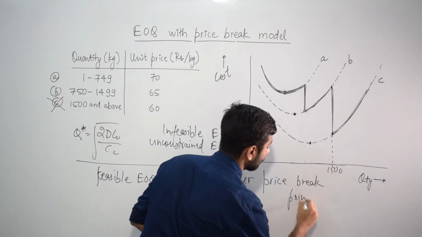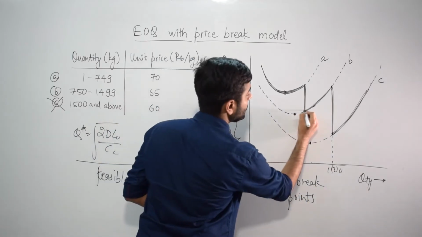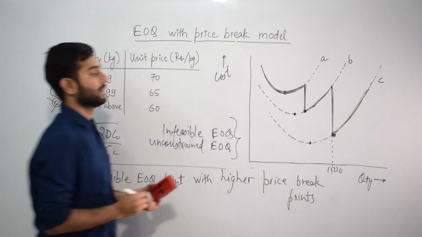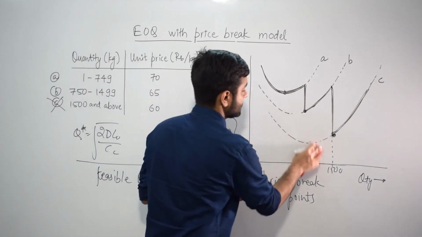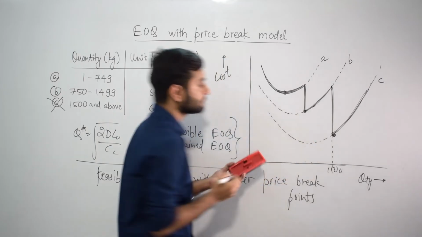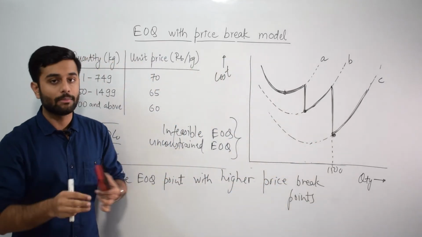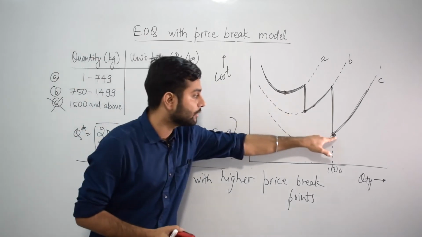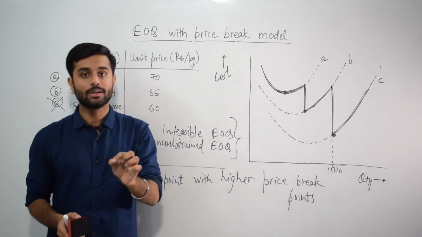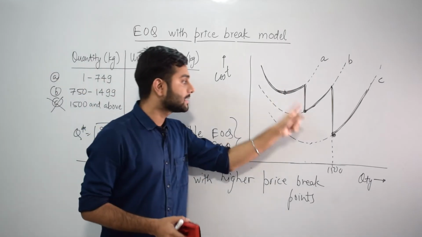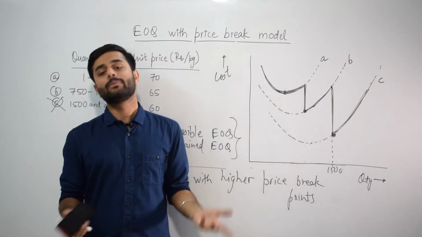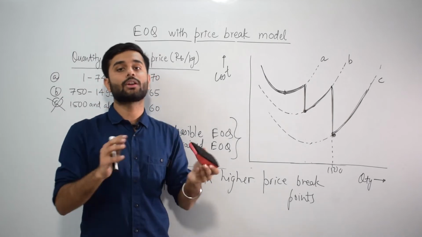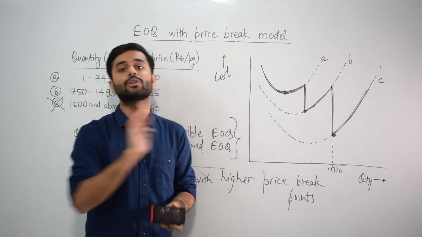What are the price break points here? This is the point where the price is breaking, and this is the point where the price is breaking. These are infeasible ones, so I am removing them. So how many points are you comparing? You are comparing the feasible EOQ, then this point, then this point. You will find out the total cost at these 3 points and the least of them will be selected. The least of them is obviously giving you the quantity for which total cost is least. This is how the question is solved.